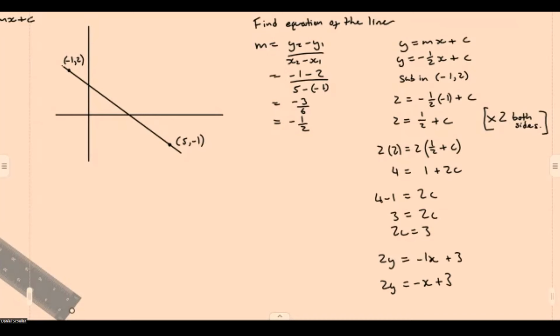Is anyone way off? I'm not way off, but I had substituted in the negative fraction in front of the x in the final equation. Right, okay, so negative half x. So you're close, you're getting there.